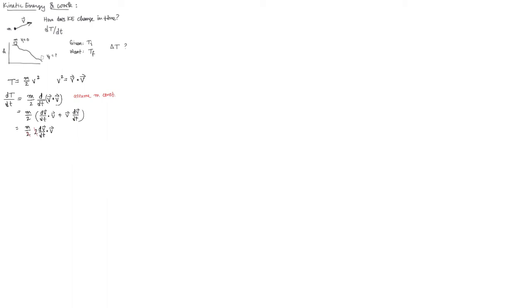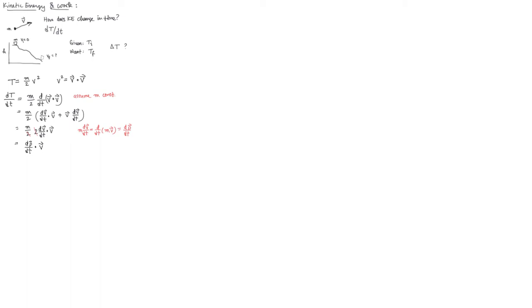And we also notice, as an aside over here, we can say dv/dt times m is d/dt of mv, assuming that mass is constant, which we've already assumed, which is dp/dt, the rate of change of the momentum. Okay, so we express this as dp/dt dotted with v.